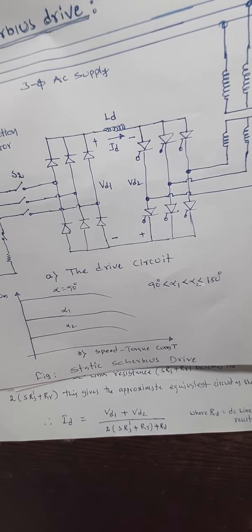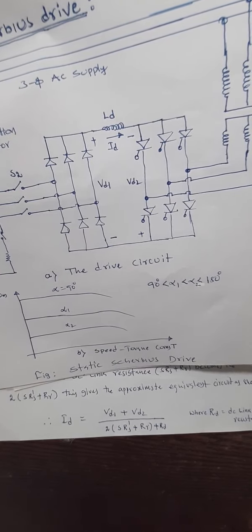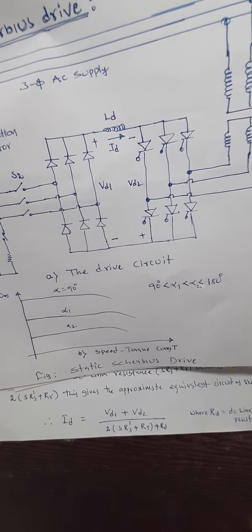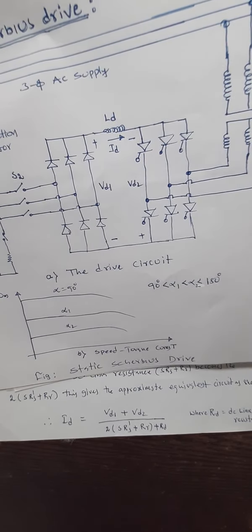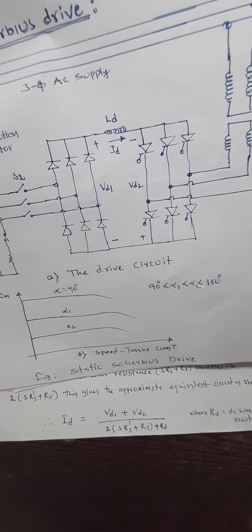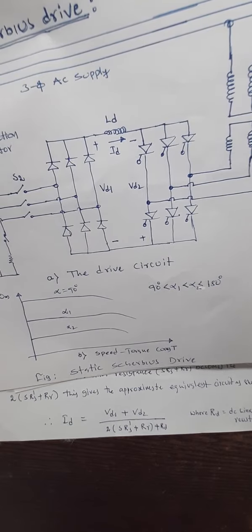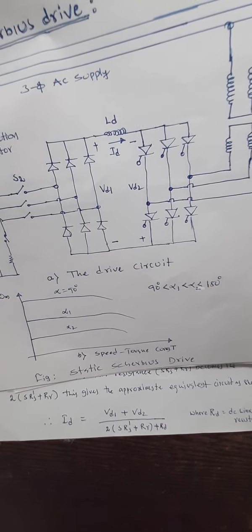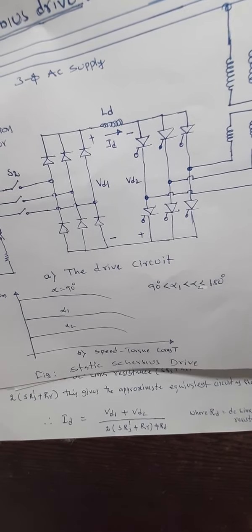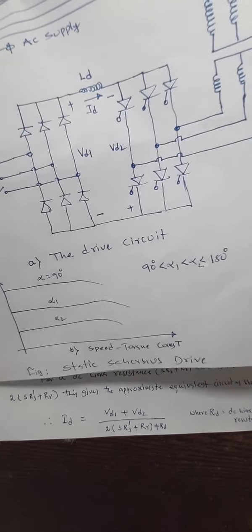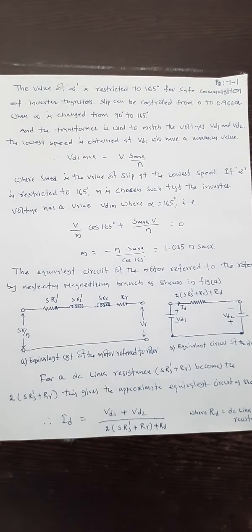The converted DC is fed to a controlled rectifier operating in the inverter mode, so that it converts DC into AC, and that converted AC is fed back to the supply system through a transformer. This is the generalized scheme and speed torque characteristics.